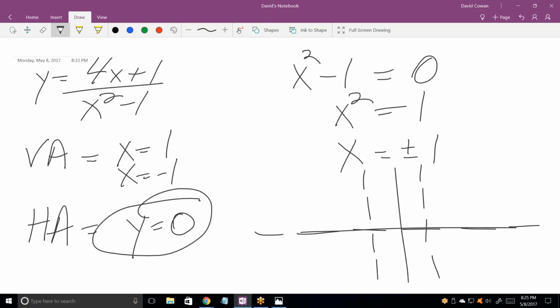Okay, now let's talk about x-intercepts. Starting from there, how do you figure the x-intercept? It's y is equal to what? The coefficients. No. X-intercept. What does that mean about y?